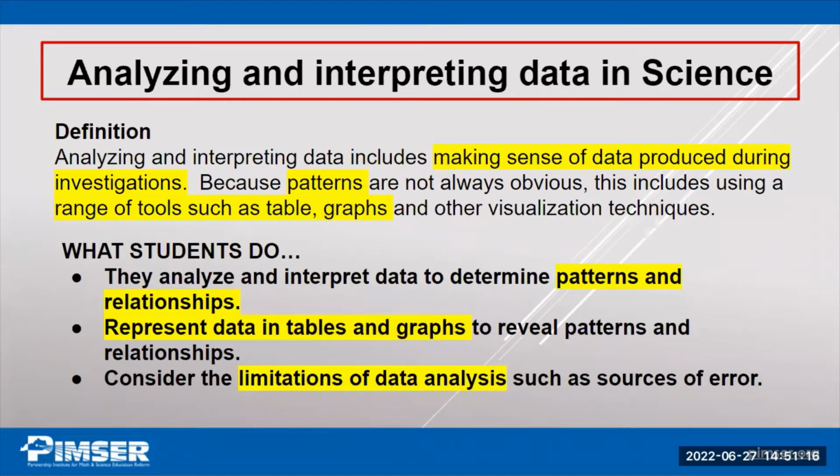The bullet points in that center column that showed you what students do really focused on the fact that kids are analyzing and interpreting data to determine patterns and relationships. They're representing data in tables and graphs to help reveal those patterns and relationships. And they're considering the limitations of data analysis, such as sources of error.